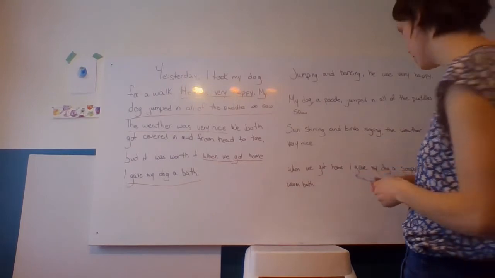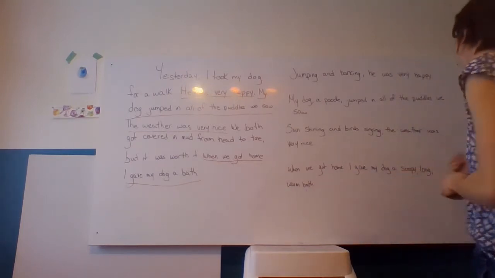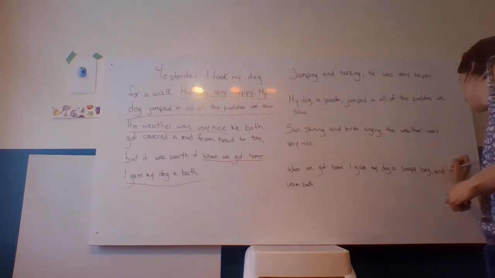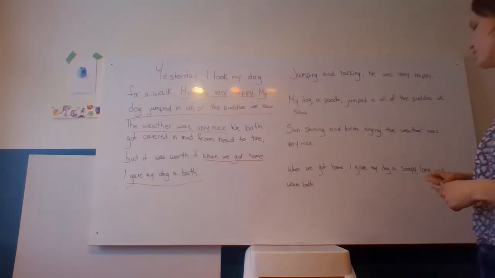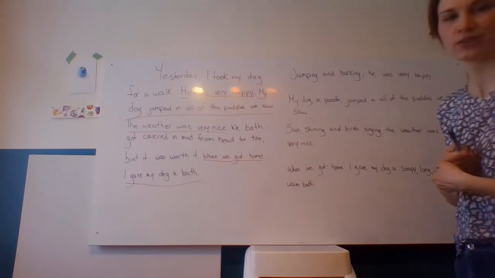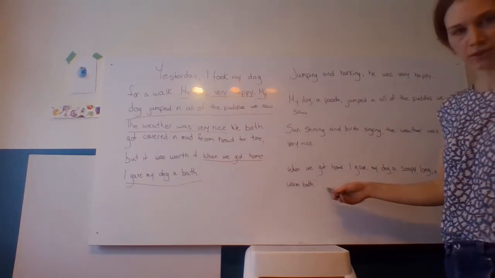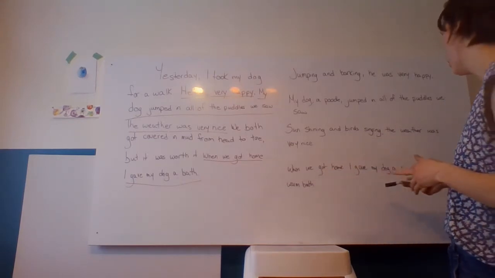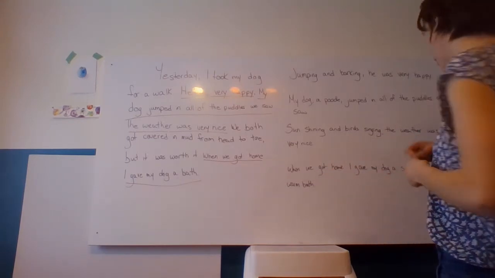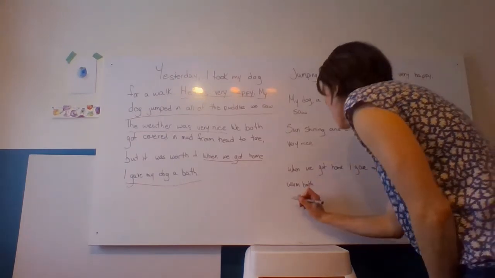Now to rearrange these, we just want to separate soapy, long, and warm. I forgot the word and here at the end of the list. So when we got home, I gave my dog a soapy, long, and warm bath. We just need to break it up a little bit. So we could have bath come earlier in the sentence. When we got home, I gave my dog a warm bath that was long and soapy. Here we're rearranging it.